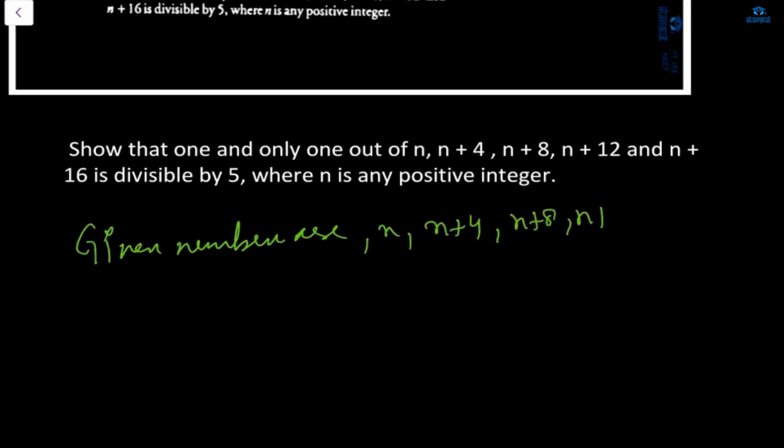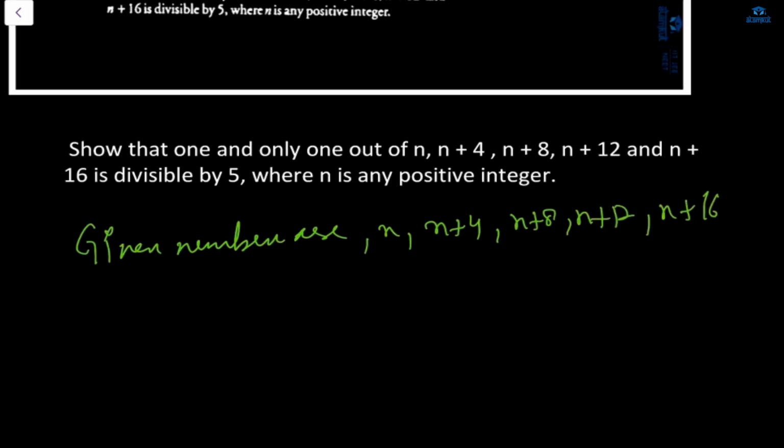So now we should take any positive integer n. The given numbers are n plus 4, n plus 8, n plus 12, and n plus 16.